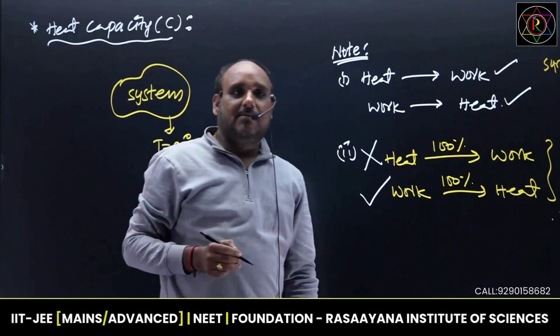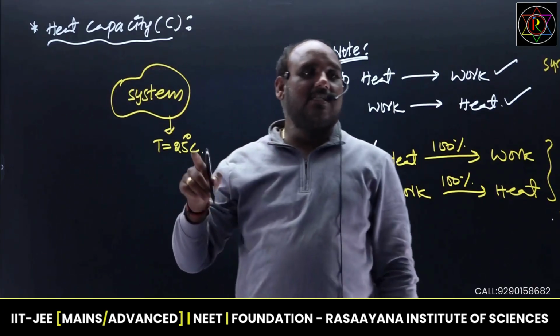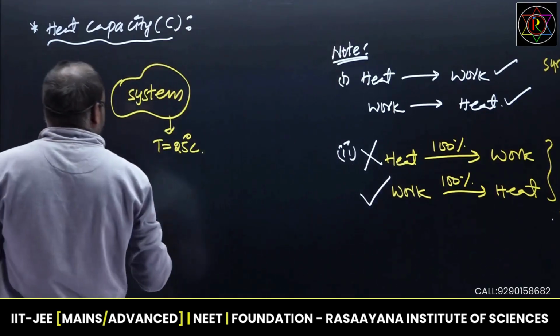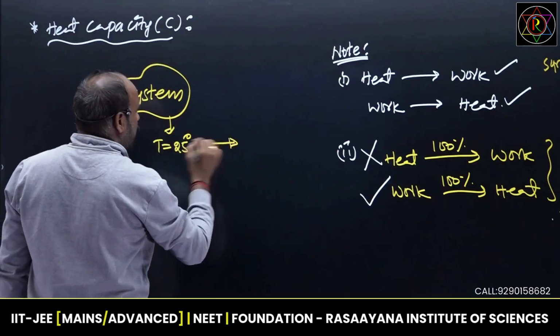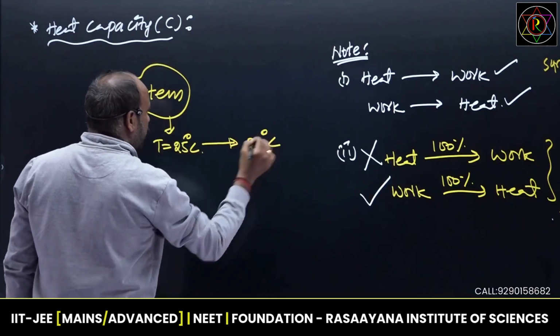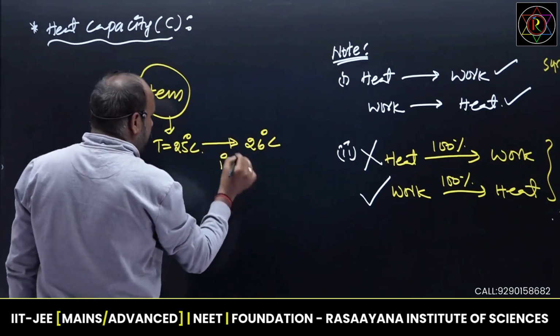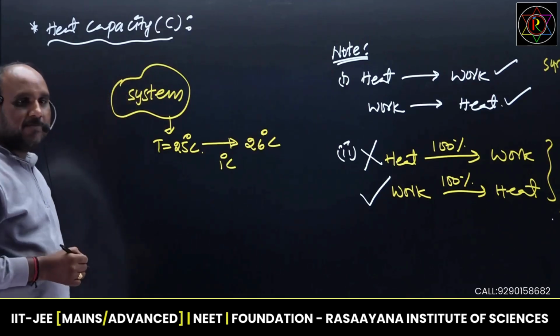We consider a system present at 25 degrees centigrade. Now I want to increase the temperature of that system to 26 degrees centigrade. How much do I have to increase? 1 degree centigrade.